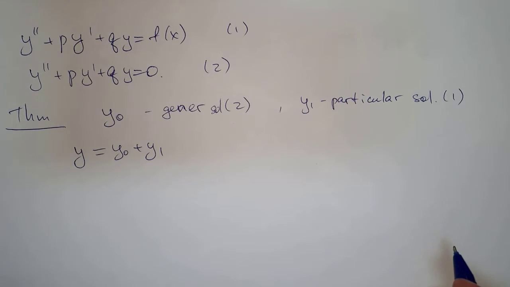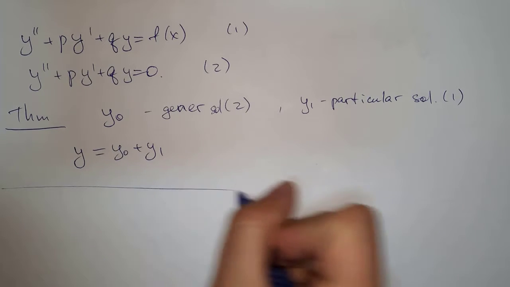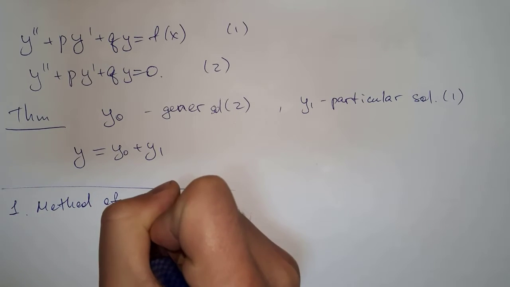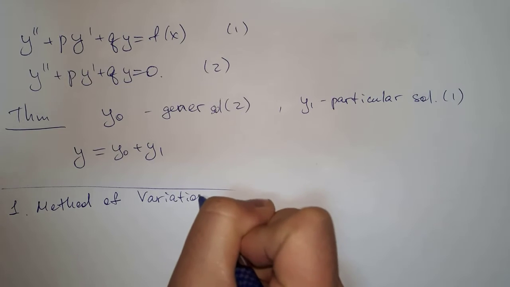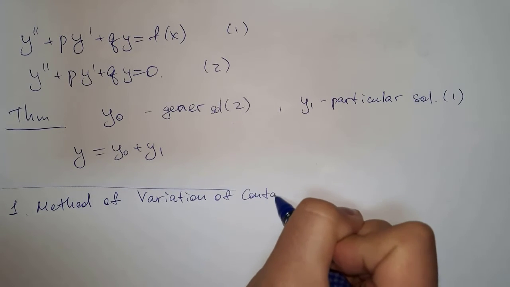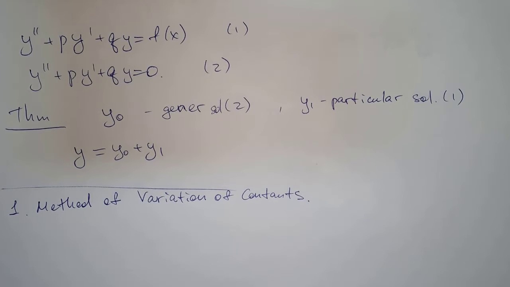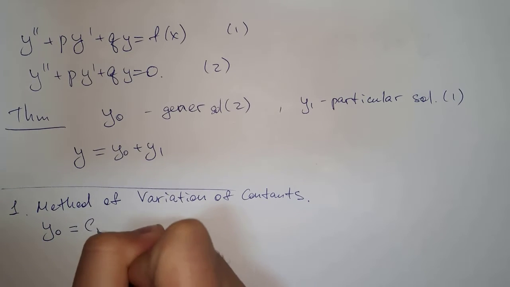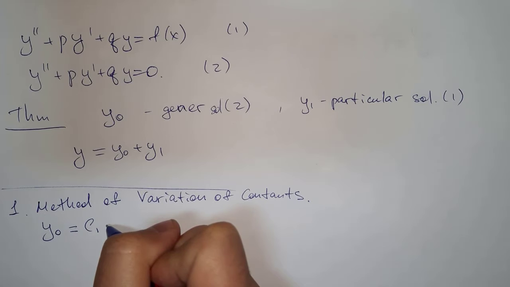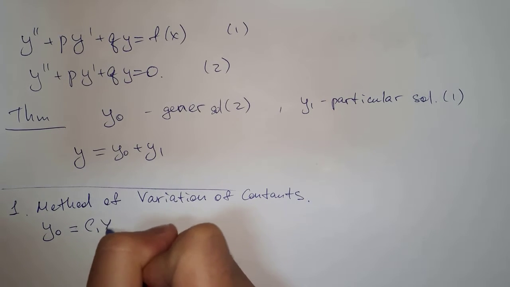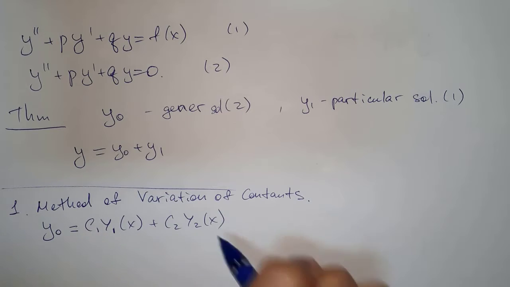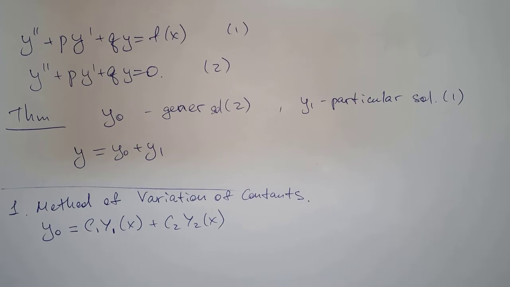The general solution of the second order homogeneous differential equation y0 is c1 y1 of x plus c2 y2 of x.